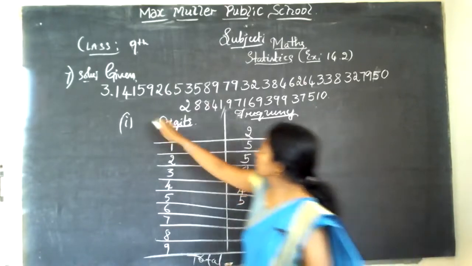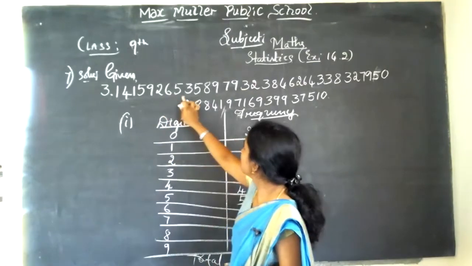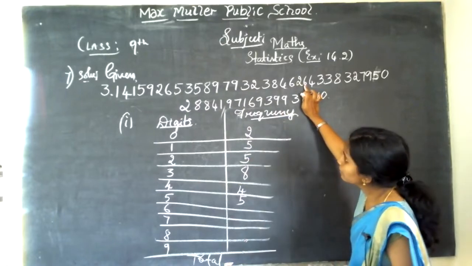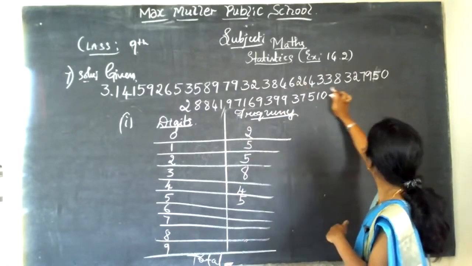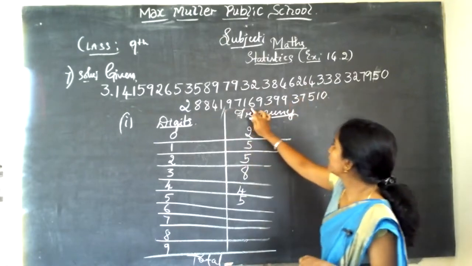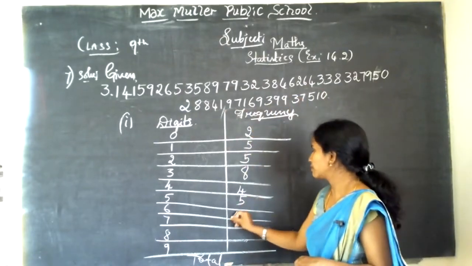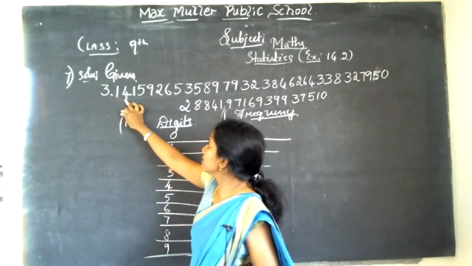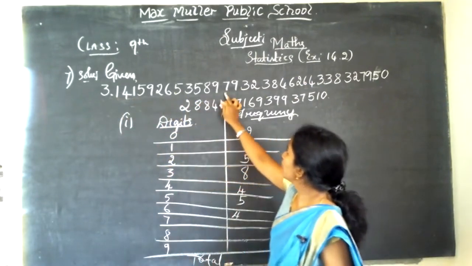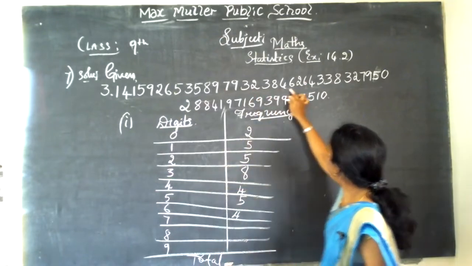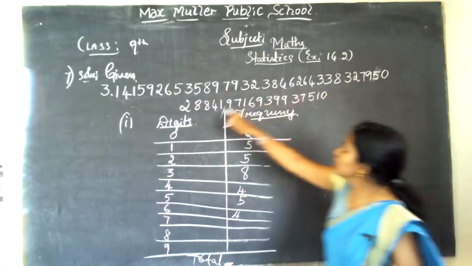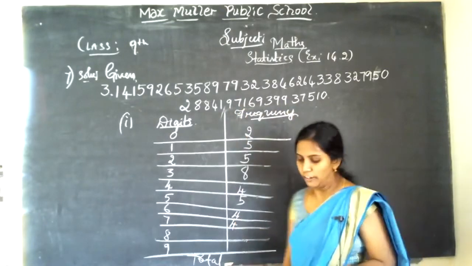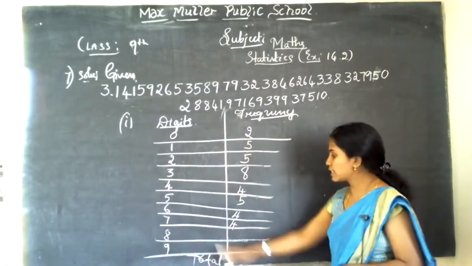Similarly, 6. 1, 2, 3. Here you have 3. Then 1, 2, 3, 4. So you have 4. Move to 7 for frequency. After the decimal point, 1, 2, 3, 4. You have 7 four times. Similarly, for the next one, 8.